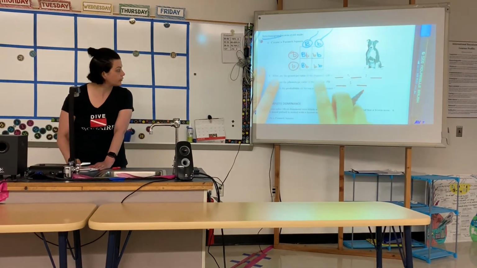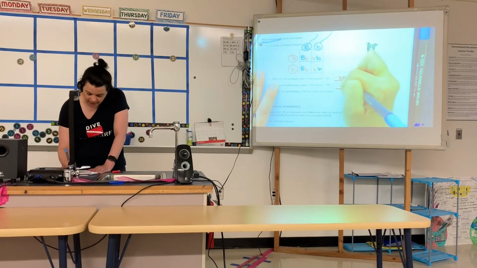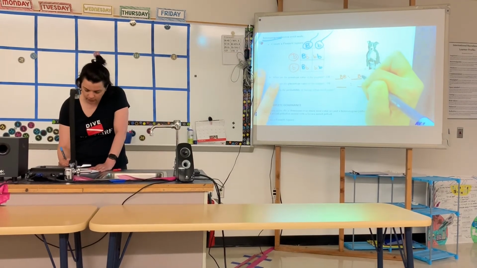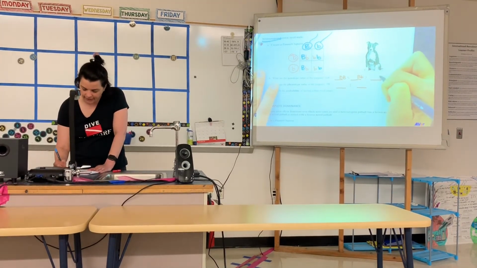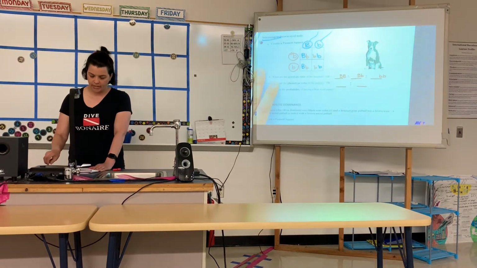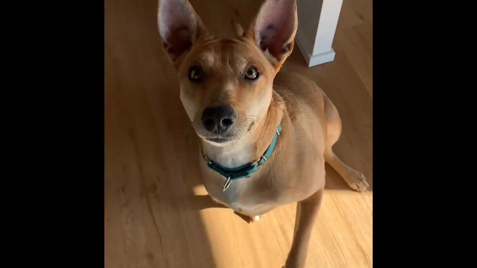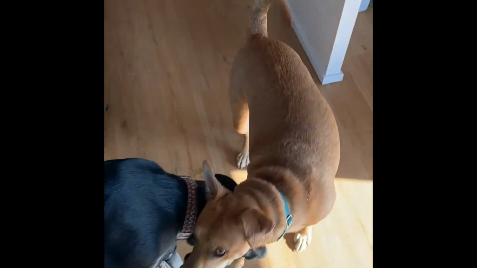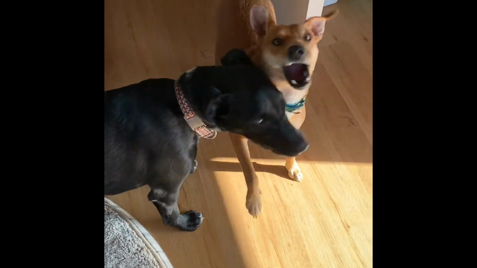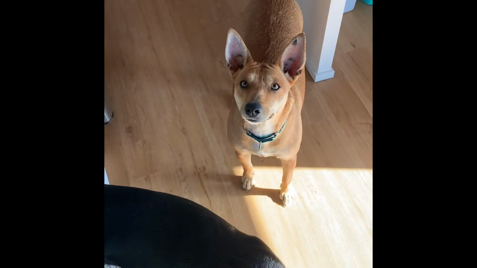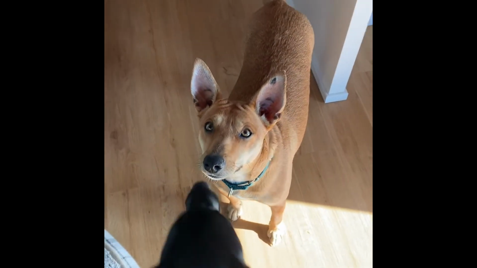Genotype ratios. We always go homozygous dominant, homozygous or heterozygous, and then homozygous recessive. How many big B's do we have? Skippa. All right, so I think that there's 44 big B's. No, 4 big B's. There's a lot of big B's is what I'm gonna say. Yes, lots of them.